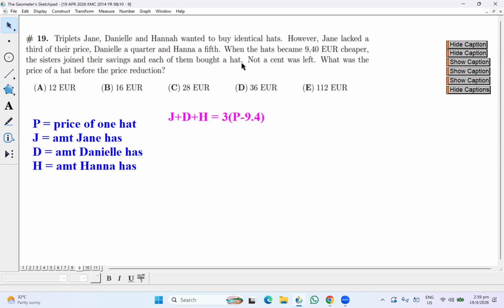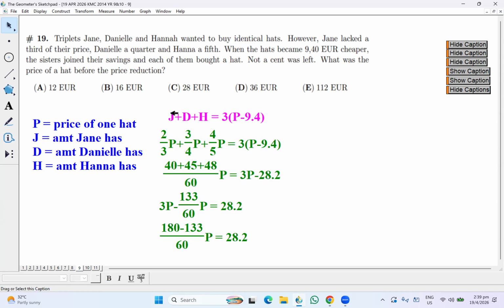Then we are given Jane has two-thirds of the price, two-thirds P, 3/4 P, 4/5 P, equals 3 times P minus 940. So LCM 12 times 5, 60. 40 over 60, 45 over 60, 48 over 60. 3P, 3 times 9, 27, plus 1.2, 28.2.